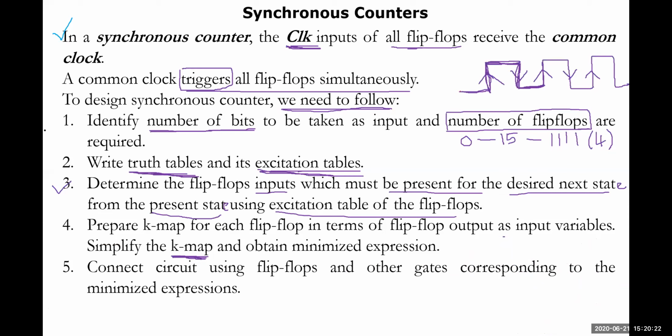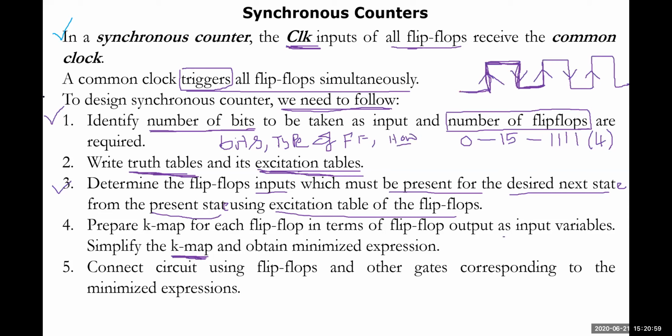What do you do? Identify how many bits the counter needs, how many flip-flops will be required, and what kind of flip-flop you are supposed to use. First of all, the number of bits required to implement the synchronous counter, the type of flip-flop, and then how many flip-flops will be needed.